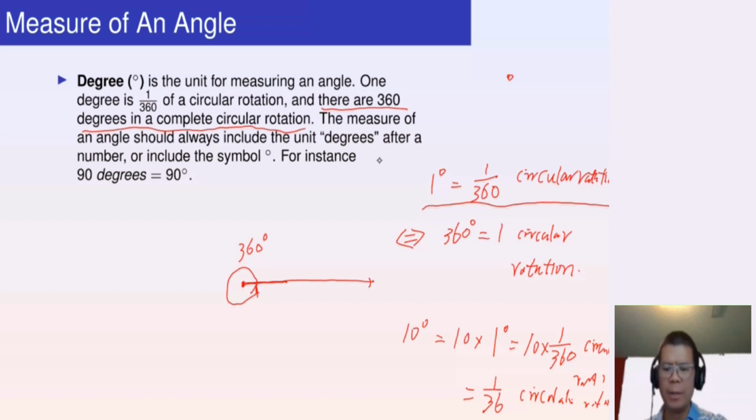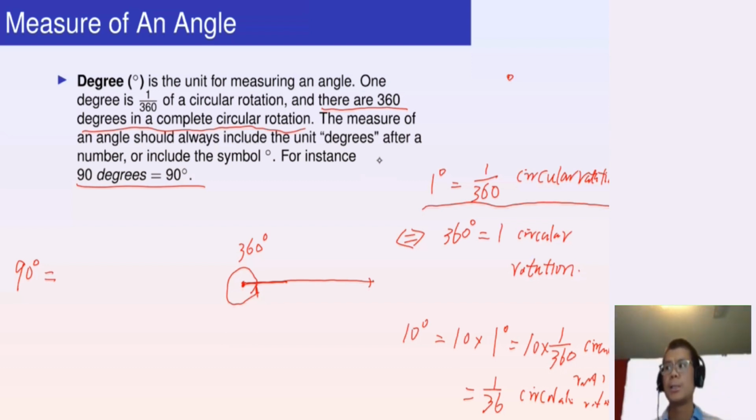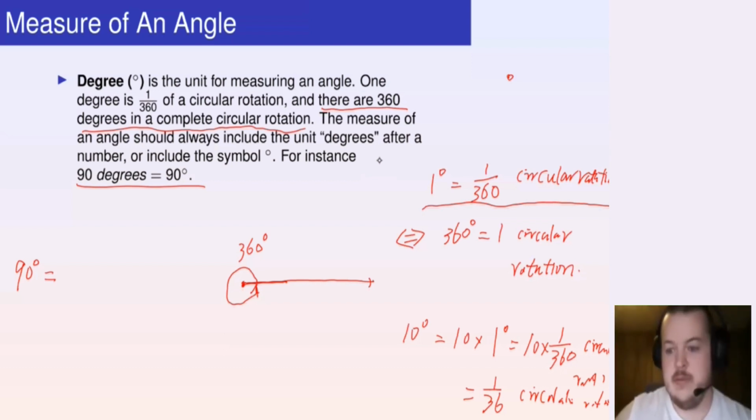So for instance, can you find how many circular rotations are in, say, 90 degrees? 90 degrees equals how many circular rotations? 1/4. 0.4? Or you mean 1/4? 1/4, so 0.25.